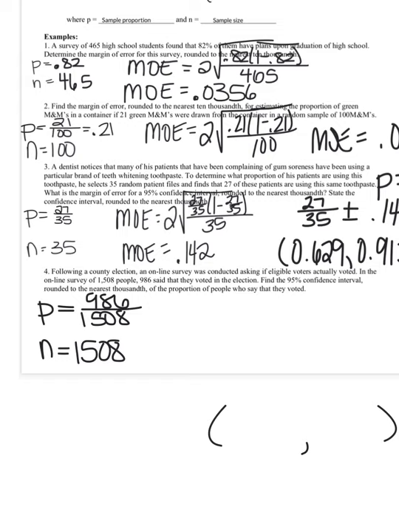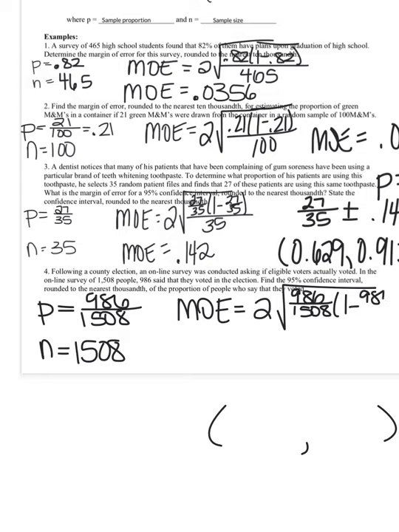So to figure out your margin of error, you would do 2 times the square root. Again, make it look exactly like this in the calculator: 986 out of 1,508, times 1 minus 986 out of 1,508, divided by 1,508.